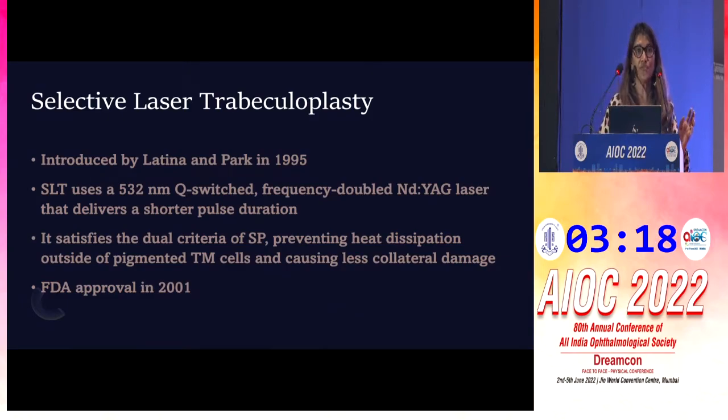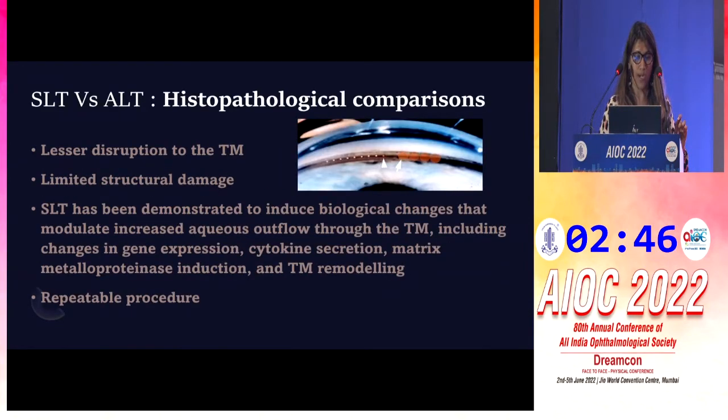So that shifted the main idea of laser into another laser, which was selective laser trabeculoplasty, invented by Latina and Park in 1995. Now with SLT, the two points of selective photothermolysis were taken care of, and that is why the side effects of the laser or the collateral damage was minimal, and it got FDA approval in 2001.